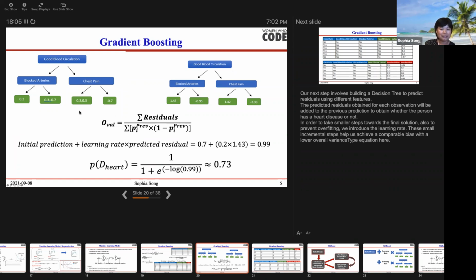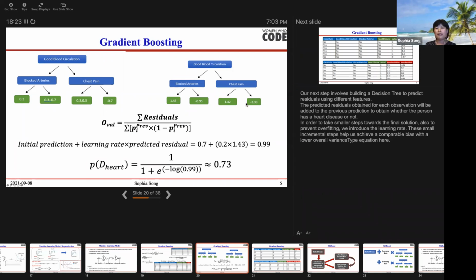For each leaf you can use this function to get the output. Based on this, we get the output 1.43 for this leaf. All based on this equation, we got all the outputs.